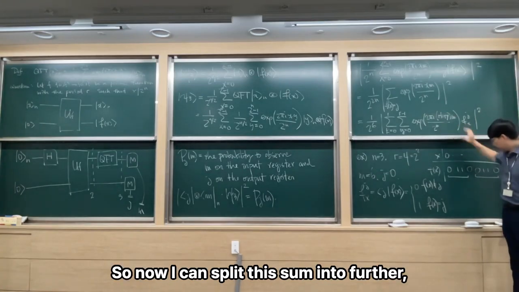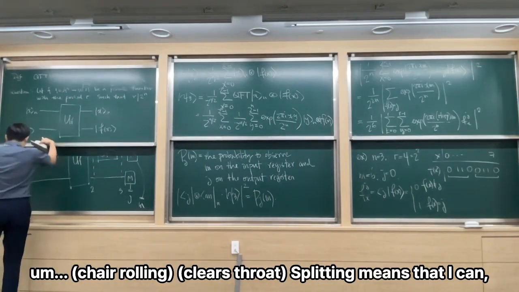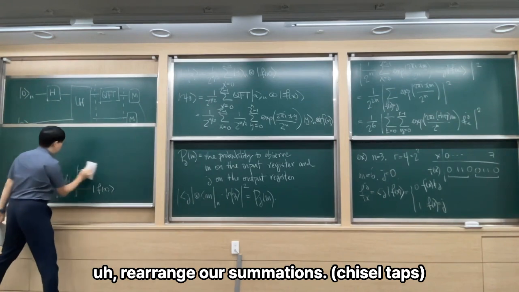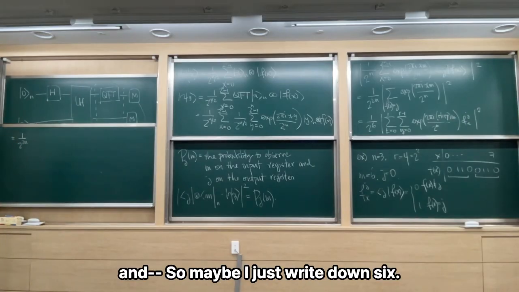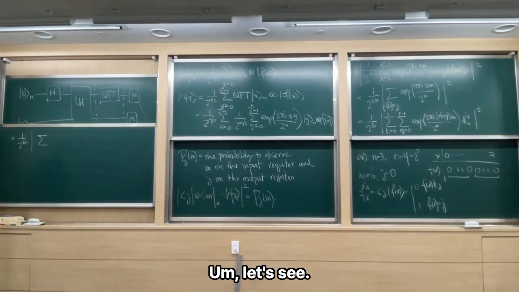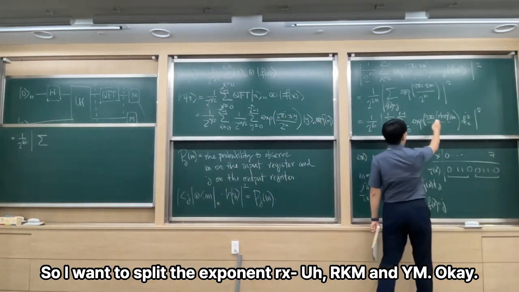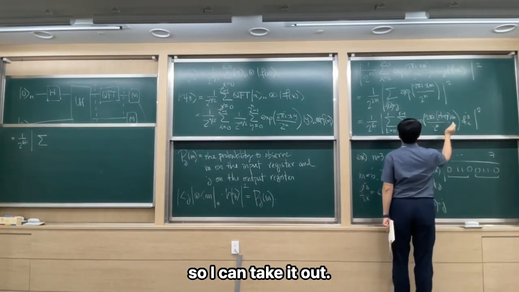So now I can split this sum further, splitting meaning that I can rearrange our summations. So it's 1 over 2 to the n, and maybe I just write down 6. Let's see. I want to split the exponent into rkm and ym. Okay, so rkm doesn't depend on y, so I can take it out.